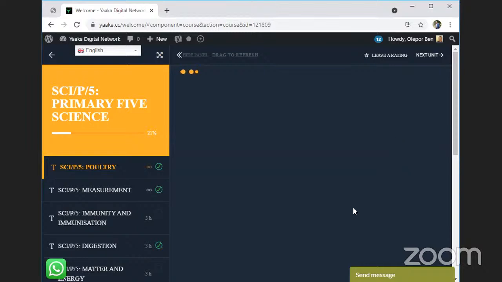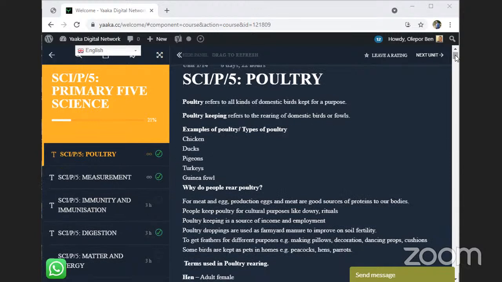See, but this internet is a little bit slow because it is taking too long to load. It's taking too long to load.